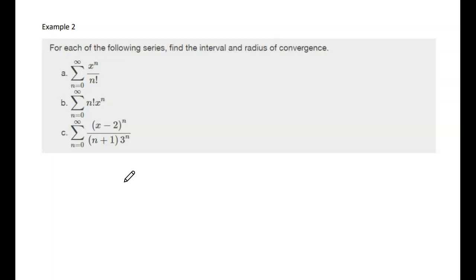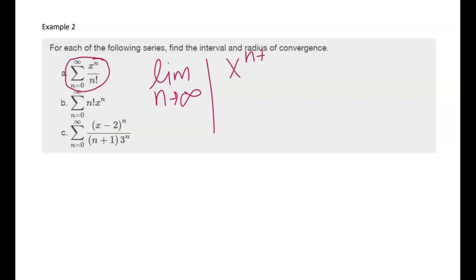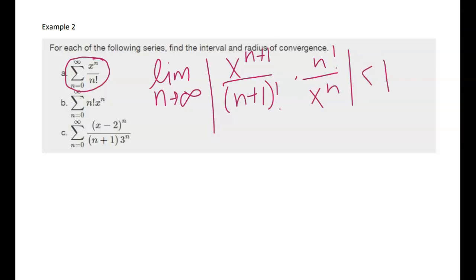Let's do that for this series here. So again, I have something a little bit more complicated, and I'm going to use the ratio test to find this. So take the limit as n goes to infinity of a sub n plus 1. Now, when I divide by a sub n, that's the same thing as multiplying by the reciprocal, and I need this to be less than 1 in order for this to be absolutely convergent.